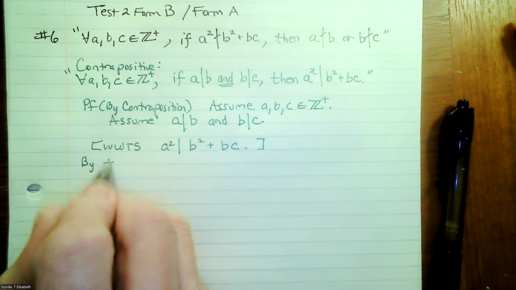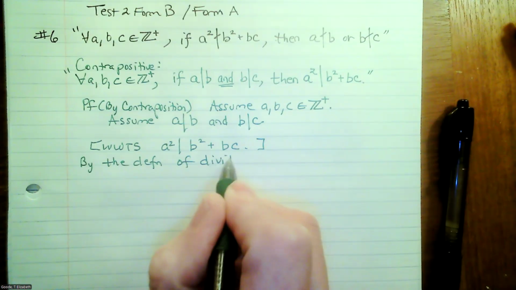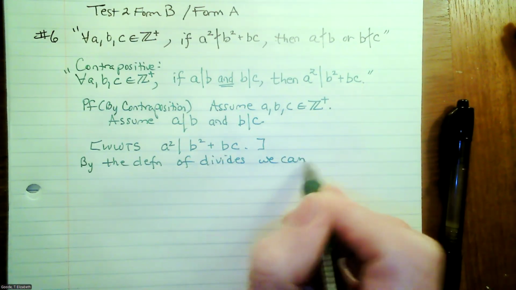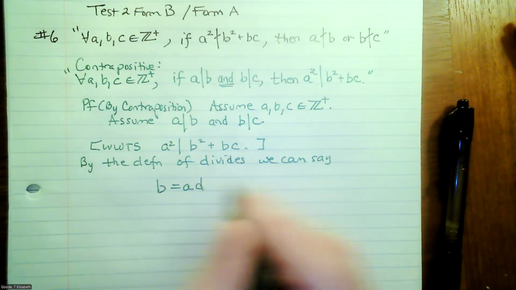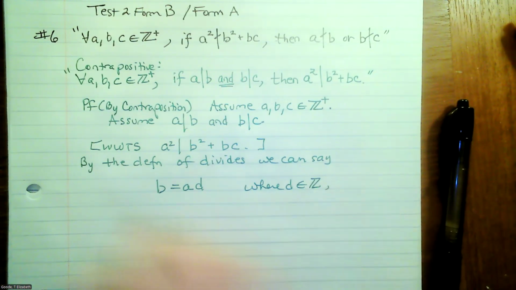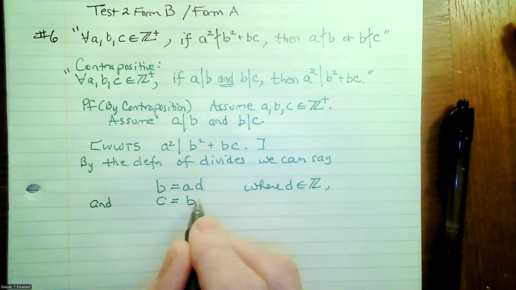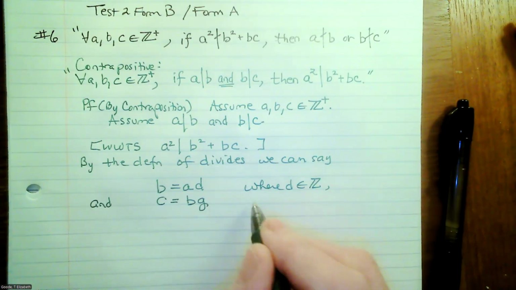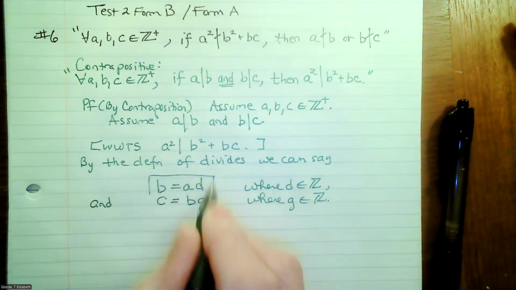Well, from the definition of divides, we can say B equals A times, let's say, D, where D is in Z. And then similarly, we can say something about B dividing C. So C is going to be equal to B times, let's say, G, because I don't want to use E or F. That's fine. So we've got some good proof money here.